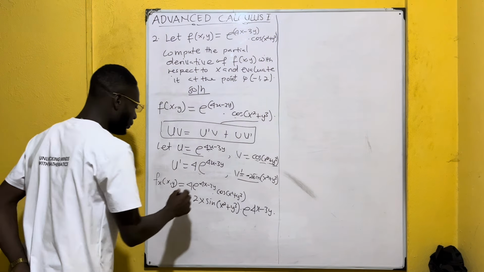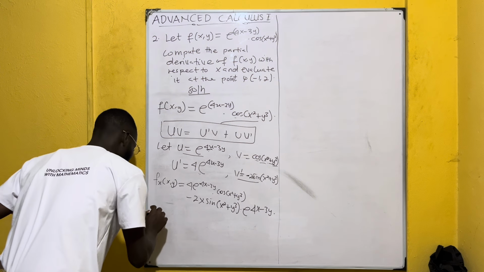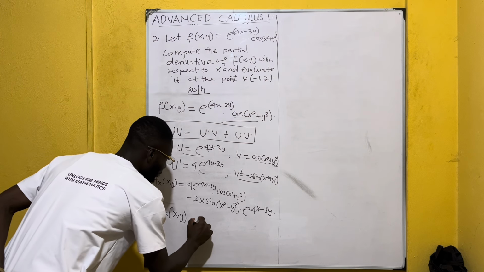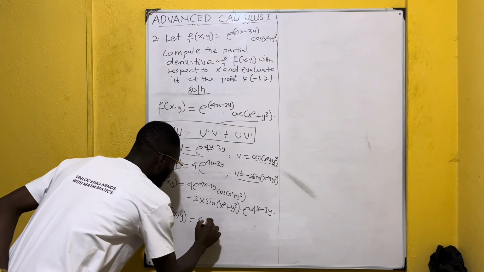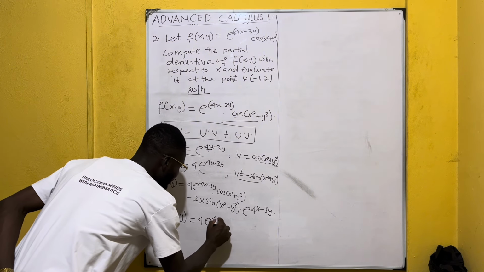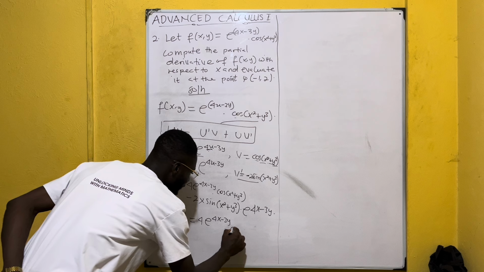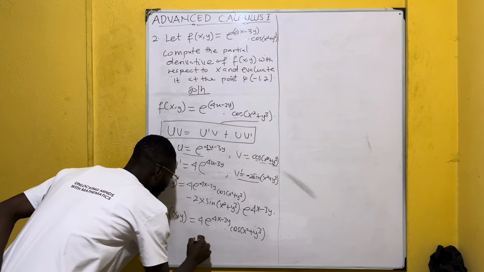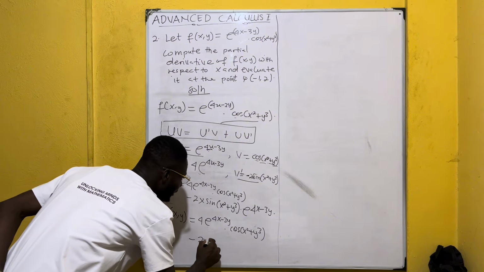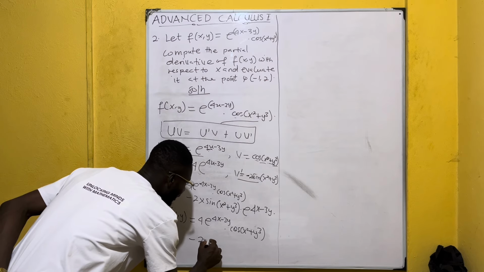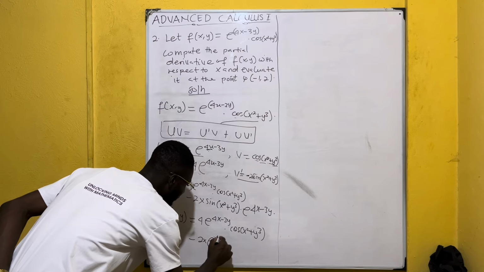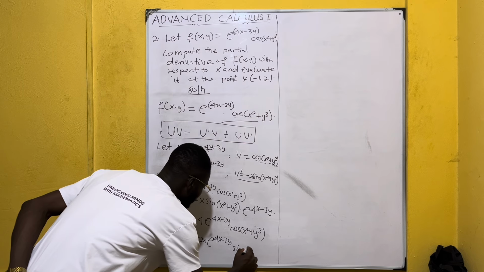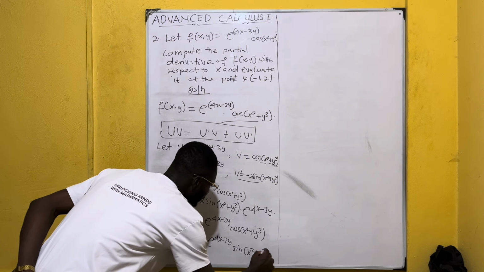All right, so we simplified, we arranged this well, and then we have 4 e to the power 4x minus 3y times cos into x squared plus y cubed minus 2x e to the power 4x minus 3y times sine into x squared plus y cubed.